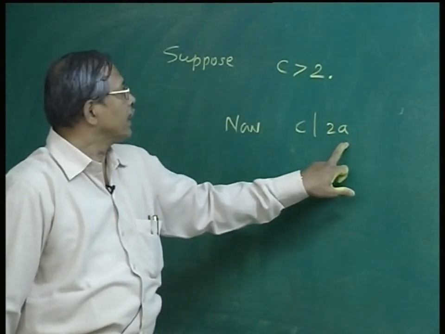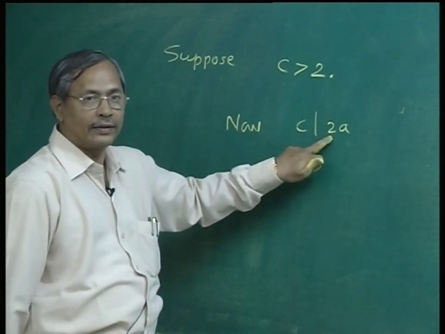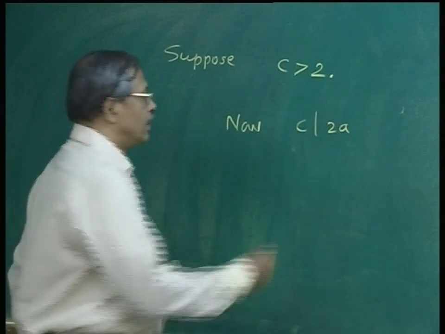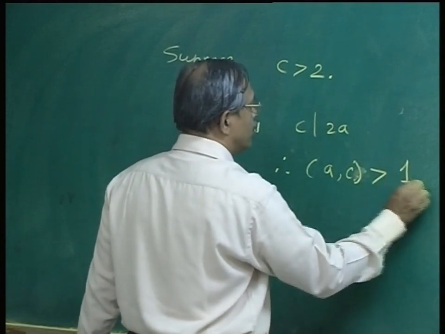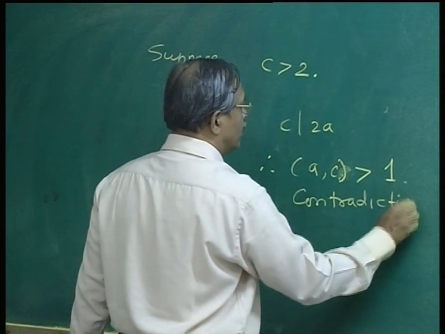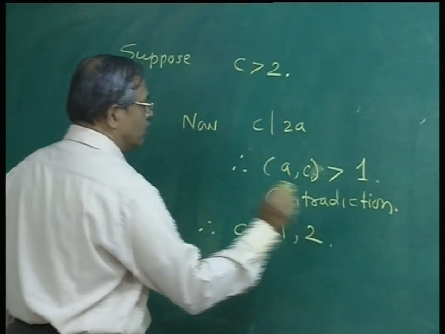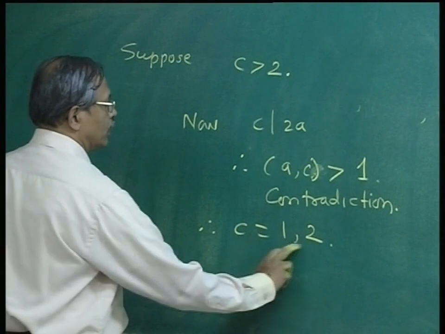That means that c cannot completely divide 2 because it is larger than 2. Therefore, there must be something common between a and c. Therefore, gcd of a and c is bigger than 1. This is a contradiction. Therefore, c is either 1 or 2. c is a positive integer and it cannot be bigger than 2. So it is 1 or 2.